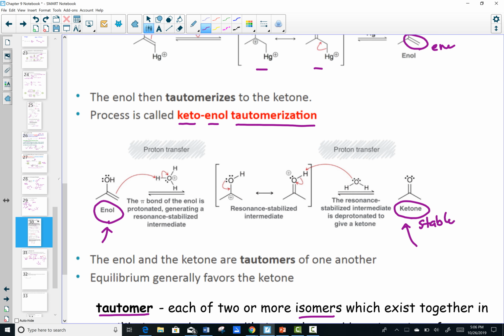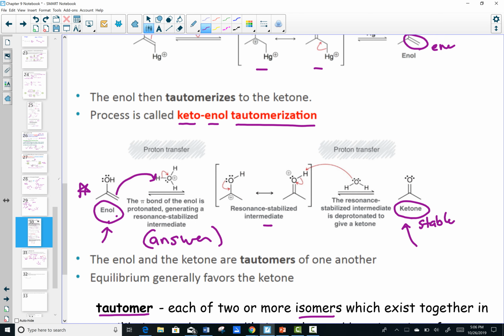What we just drew, the answer to the question that we just worked through together, was this particular series of equations. We started with an enol. The pi bond reaches out for the proton on the acid catalyst. When it does so, we have a resonance stabilized intermediate.